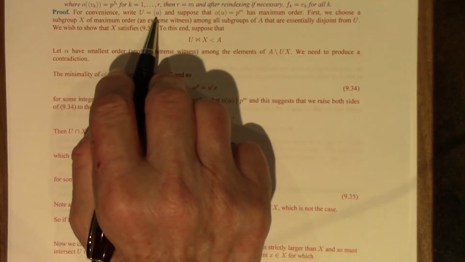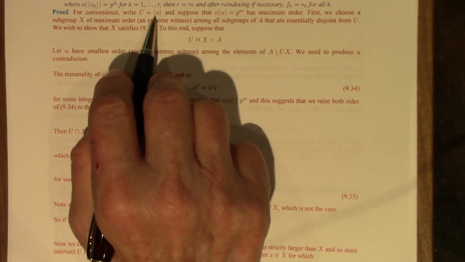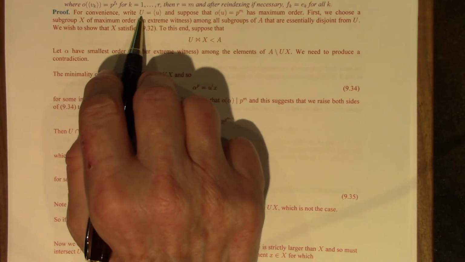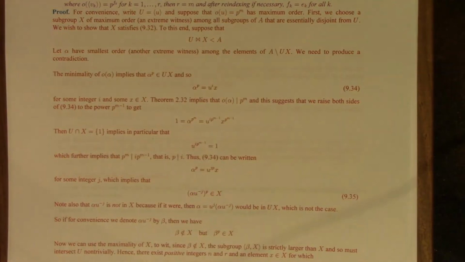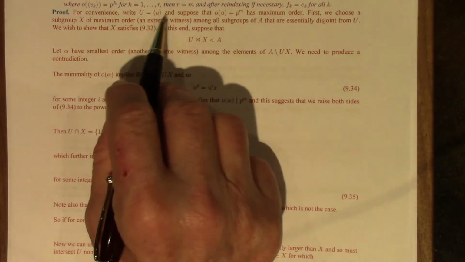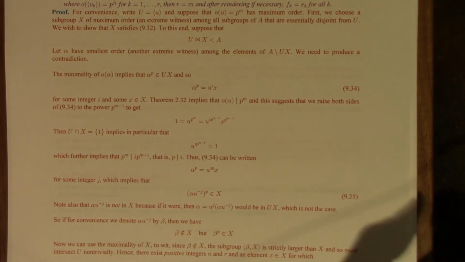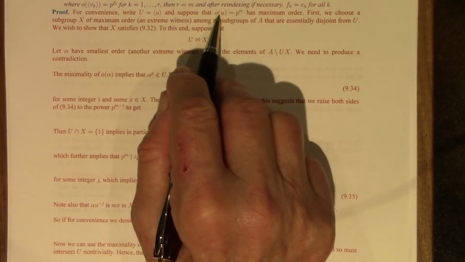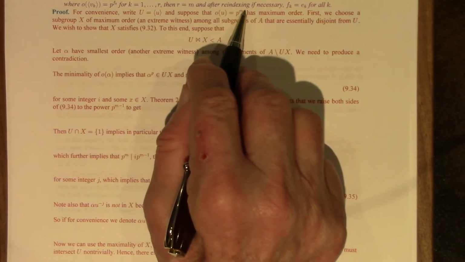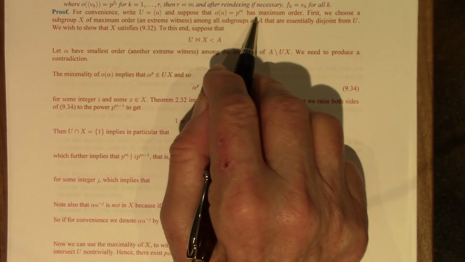To simplify the notation a little bit, I'm going to denote this cyclic group by capital U. I debated whether that makes sense or not. The more notation you introduce, the more you have to remember. But this is just an awkward set of symbols, and it tends to get in the way, so I decided to do that. And suppose that the order of U is P to the M. That has maximum order.